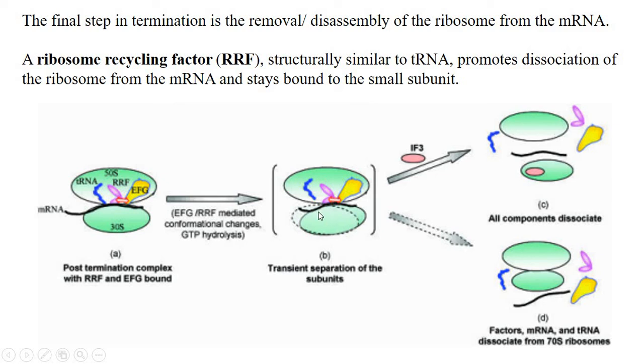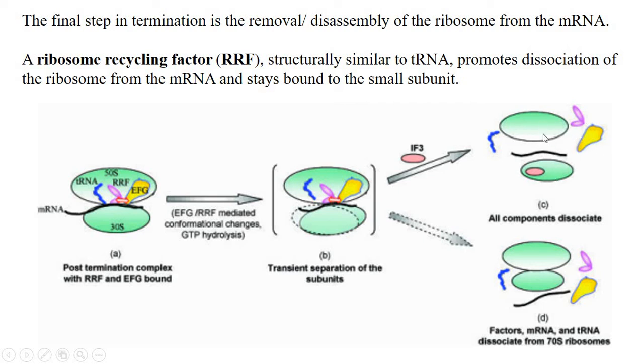Because of this hydrolysis of GTP, there will be transient separation of the ribosomal subunits. So here the ribosome subunits are separated transiently, which means they can come and join together again. But at this point mRNA is released. Both these factors, RRF and EF-G, come off of the ribosome.